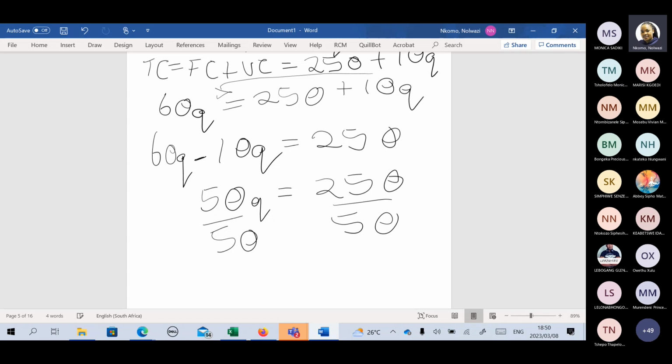And if we do this, we'll have Q equals 5. So this means this is the quantity that the firm should produce and sell at break even.